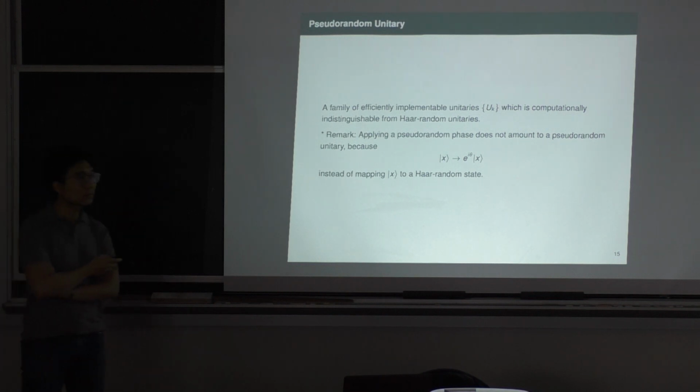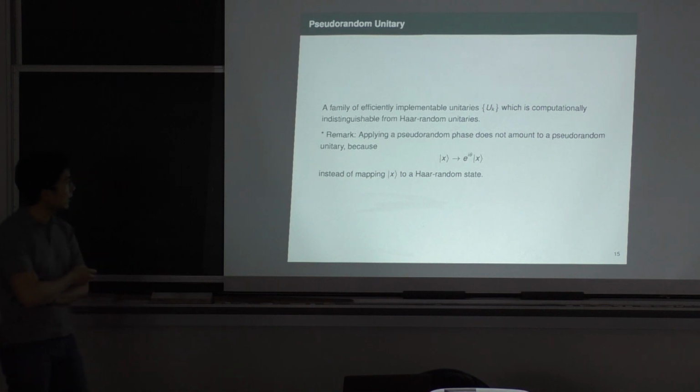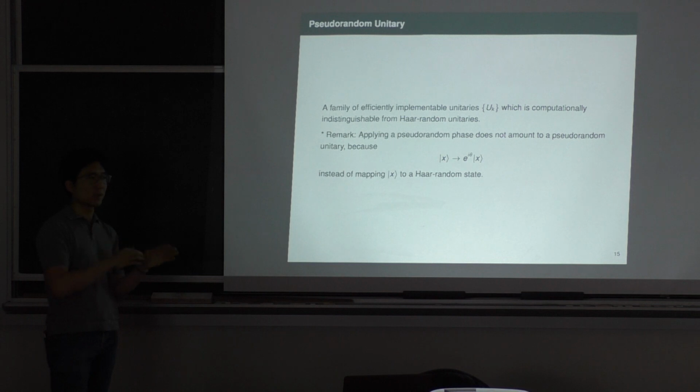Are these unitary k-designs? These are not quite unitary k-designs because it's weaker. If you have unitary k-designs, even if your measurement basis is exponentially complex, you will not be able to distinguish the two. But here you're merely saying that if you restrict yourself to polynomially complex measurement bases, then you won't be able to distinguish the two.